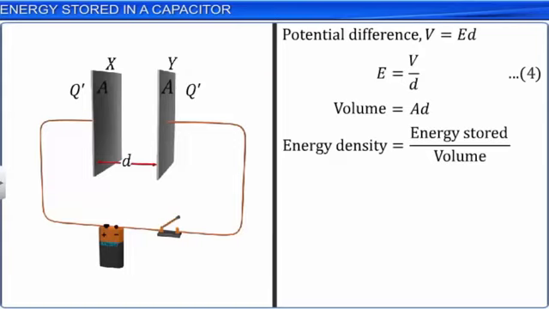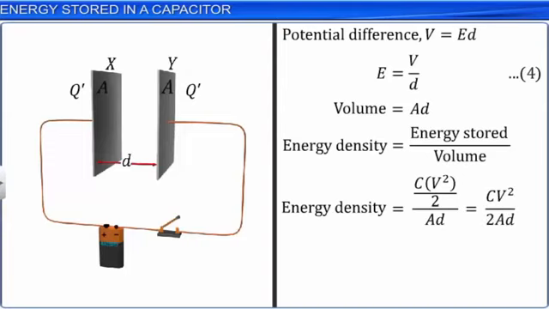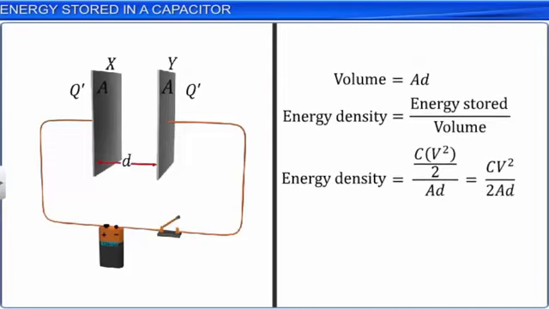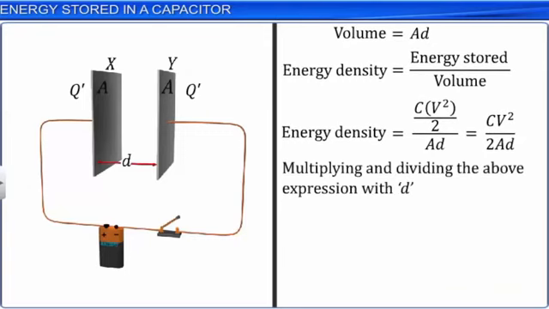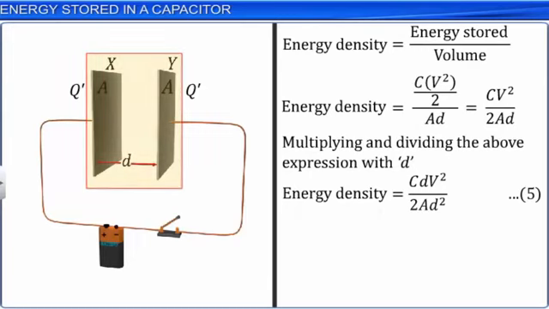This is equal to half CV squared divided by Ad, since the volume is equal to Ad, which is equal to CV squared by 2Ad. Multiplying and dividing the right-hand side of this expression with d, we get energy density is equal to half Cd/A into V squared by d squared. Let this be equation 5. For a parallel plate capacitor, we know that the capacitance C is equal to epsilon naught A by d.